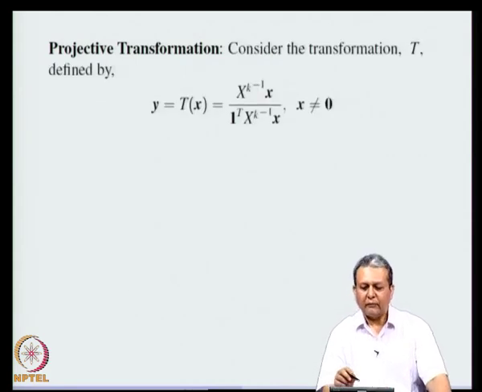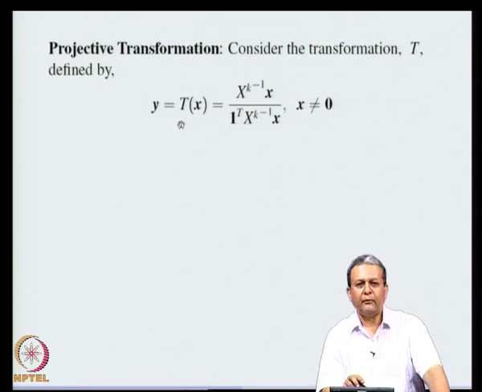Now, let us consider the transformation T, which is defined by Tx equal to xk inverse x by 1 transpose xk inverse x. So, xk is a diagonal matrix obtained by putting the elements of the vector xk along the diagonal of the matrix, and of course, we are assuming that x is not equal to 0. So, suppose we consider this transformation, then you will see that 1 transpose y, where 1 is a vector of all ones, will be nothing but 1 transpose xk inverse x by 1 transpose xk inverse x, and that is equal to 1.